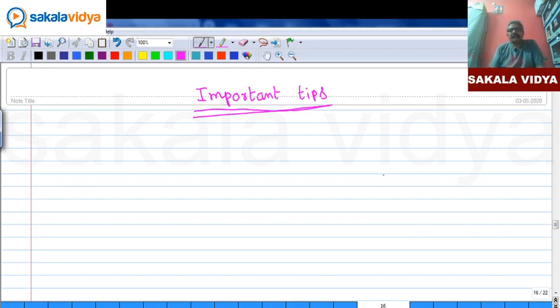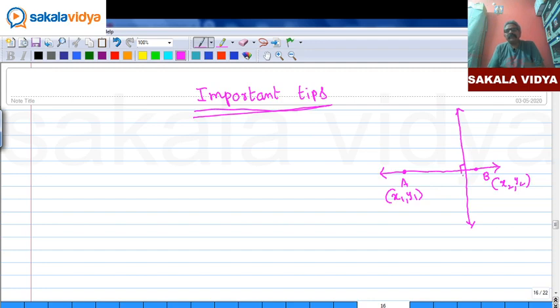For example, this is the line, say this point is A, this point is B. Say A coordinates are x1, y1, B coordinates are x2, y2. Then we need to find out, for example, a line which is perpendicular to this line.